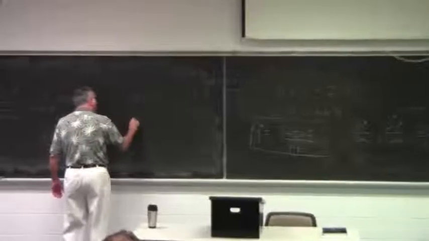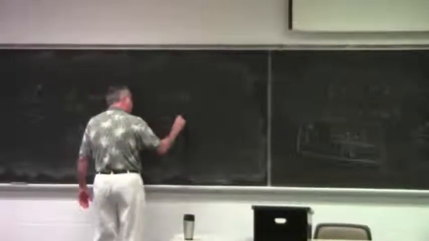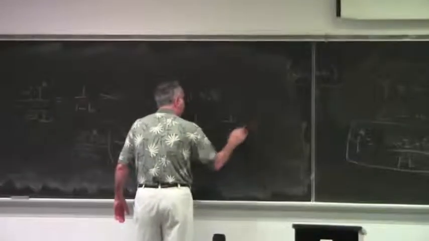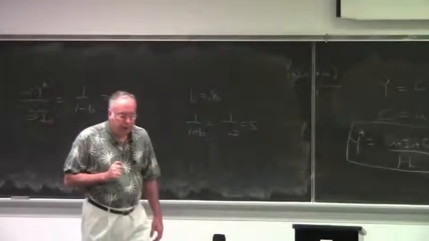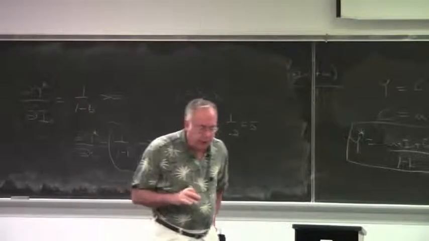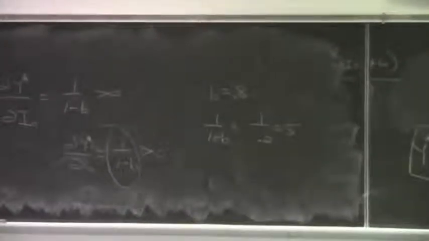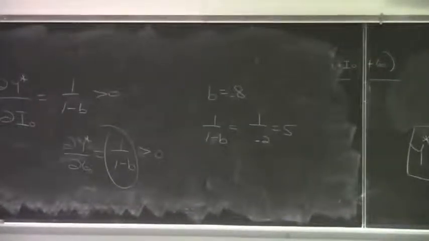Then 1 over 1 minus b is equal to 1 over 0.2 equals 5. So in this simple model, a $1 increase in government expenditure would ultimately lead to a $5 increase in national income. Okay. And in macroeconomics, that's called the multiplier.